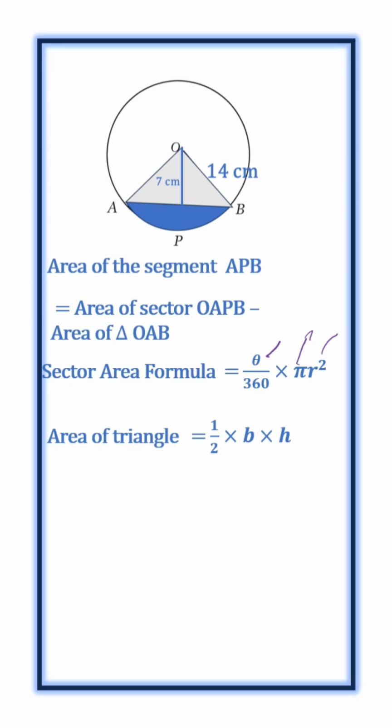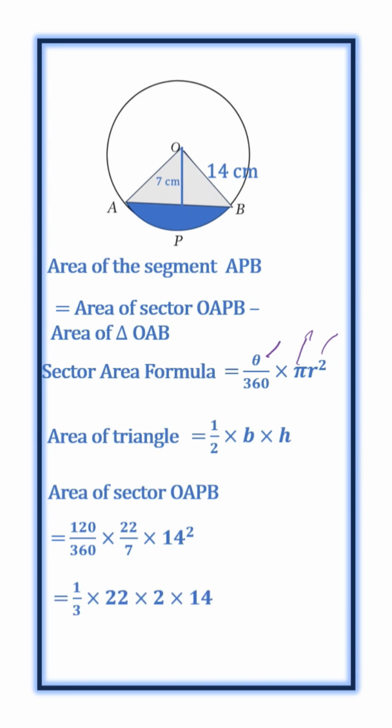Now let us find the area of the sector OAPB. How can we find it? By substituting the value of theta as 120 and radius as 14 cm. Now it is 1 by 3, isn't it? 7 twos are 14.